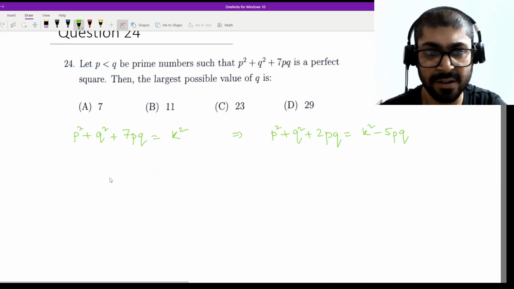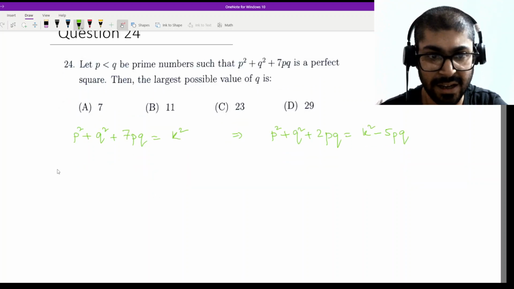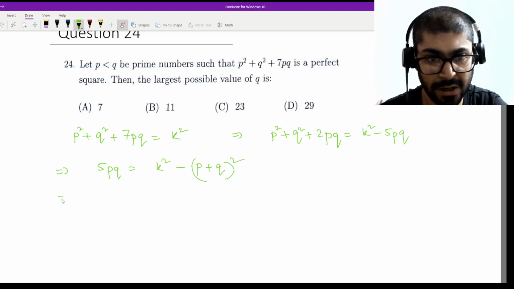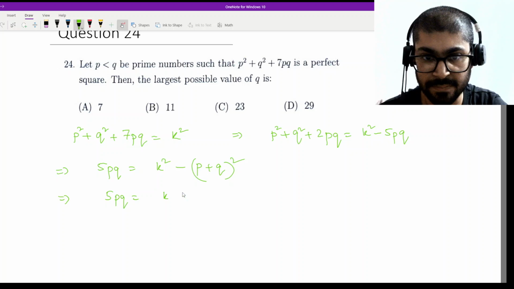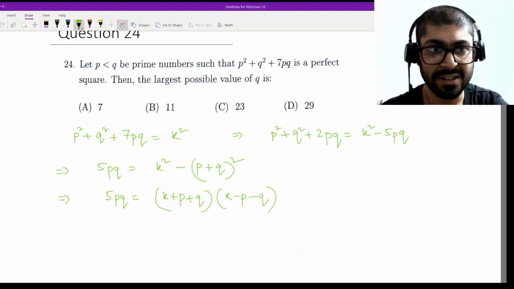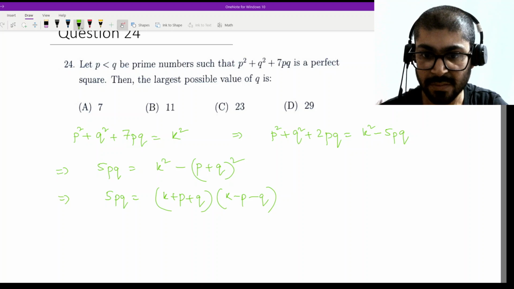In fact I can put 5pq there and have k square minus (p plus q) whole square. So once I do that, I'll have 5pq equal to (k plus p plus q) into (k minus p minus q). A simple factorization that should do it.